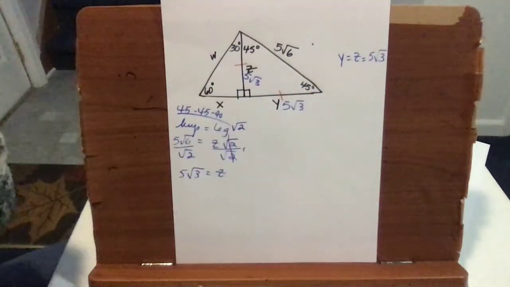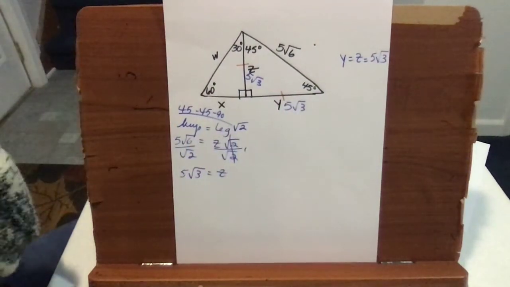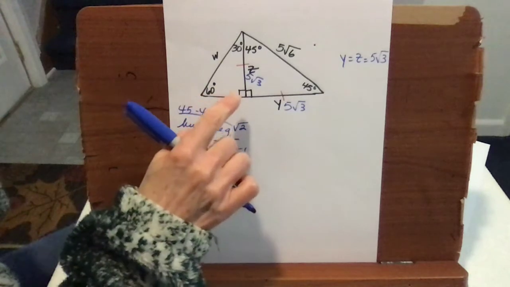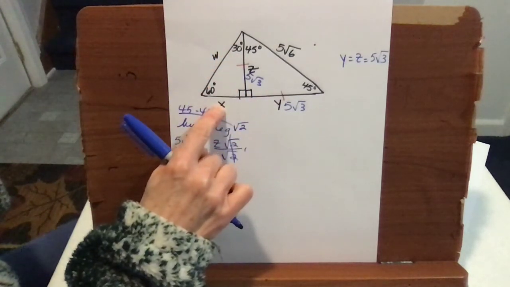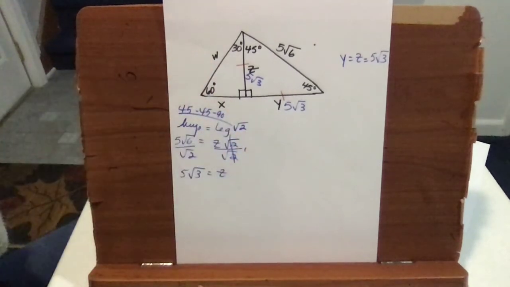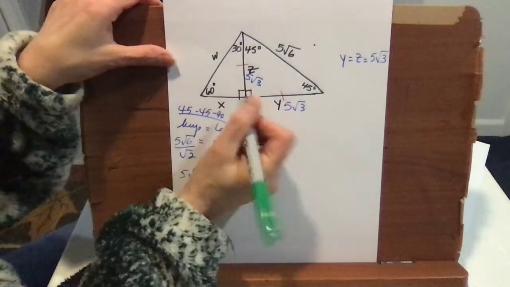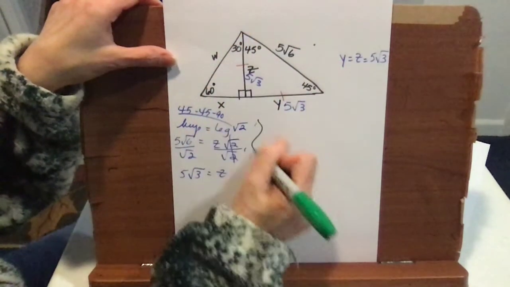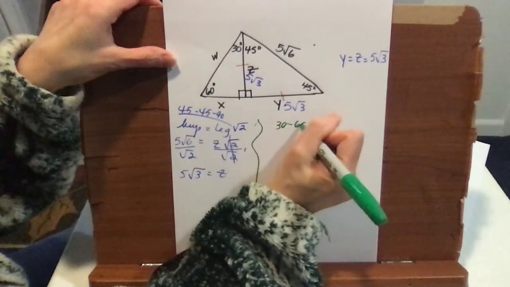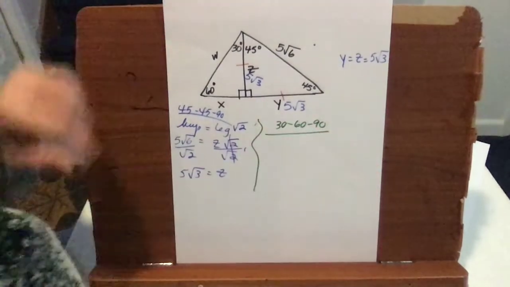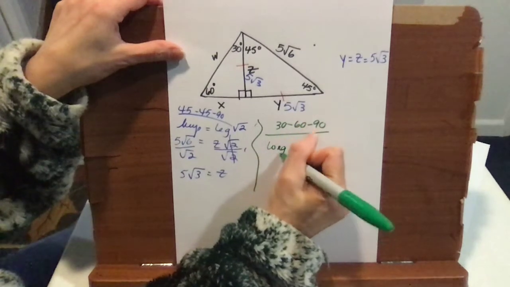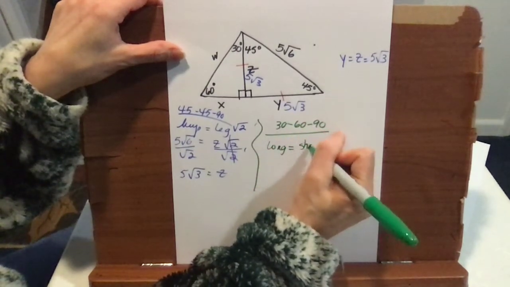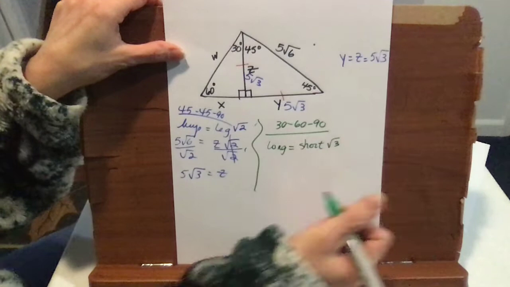Keep our running list. All right, now we need to get our short side, which is x on a 30, 60, 90 right triangle, and our hypotenuse. All right, so we know that the long leg of our 30, 60, 90 right triangle is 5 root 3, and our long leg equals our short leg times root 3.